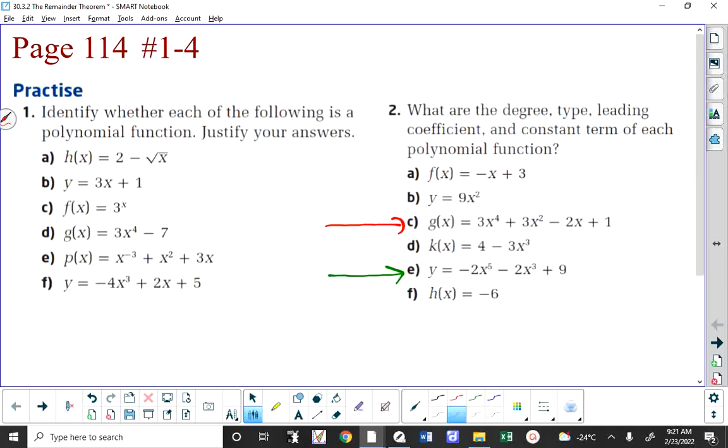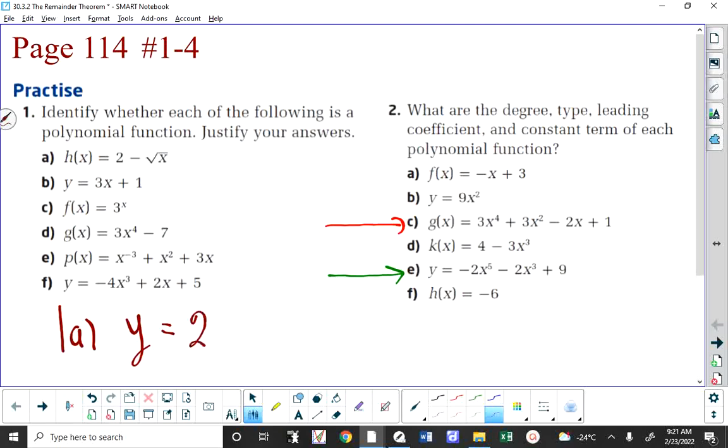Ian? On practice number 1A, the book said that letter A is not a polynomial function. That's correct. Why? Because the exponent on x is not a natural number. The square root of x, written as an exponent, I'm just going to use y as opposed to h of x.